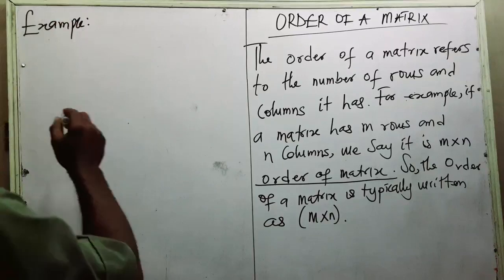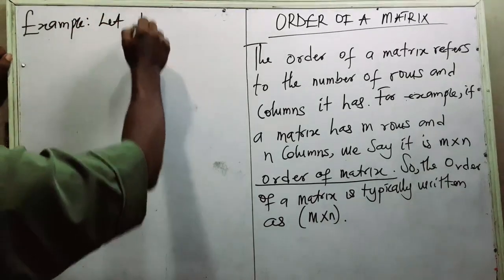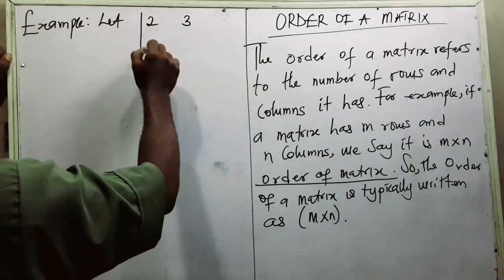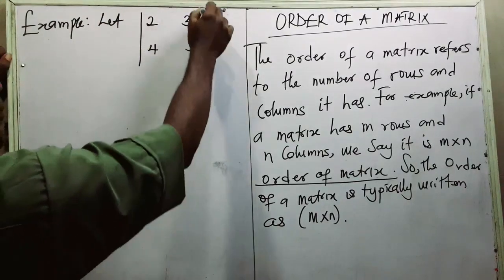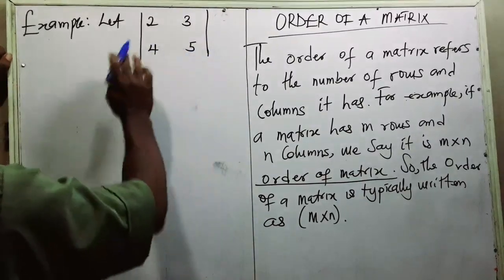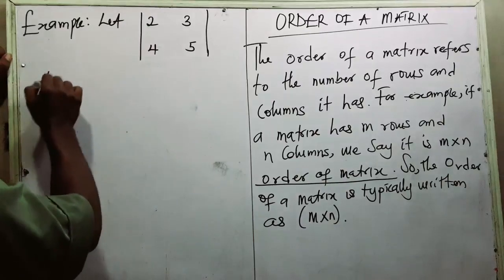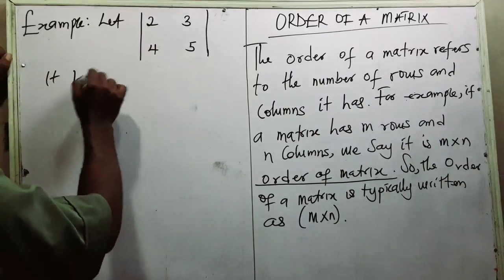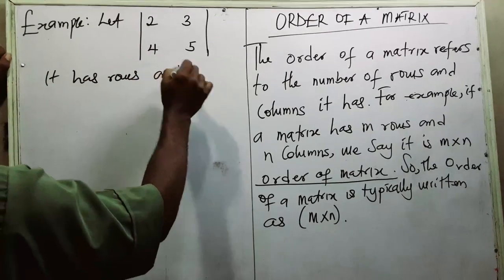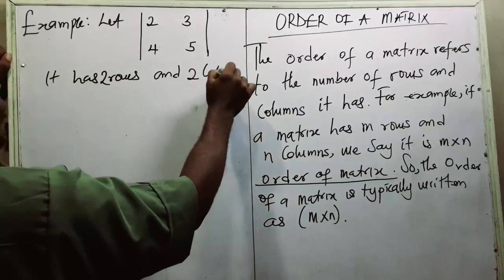Example, let's have 2, 3, 4, 5. For this, it has 2 rows and 2 columns.